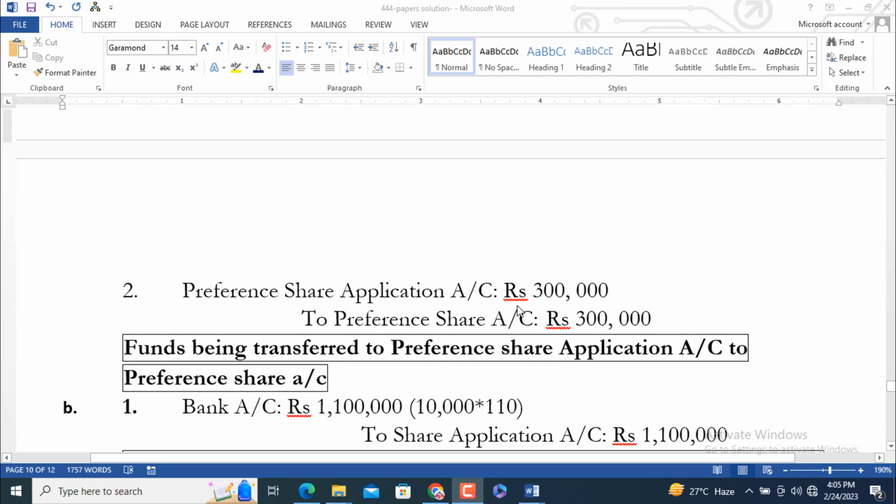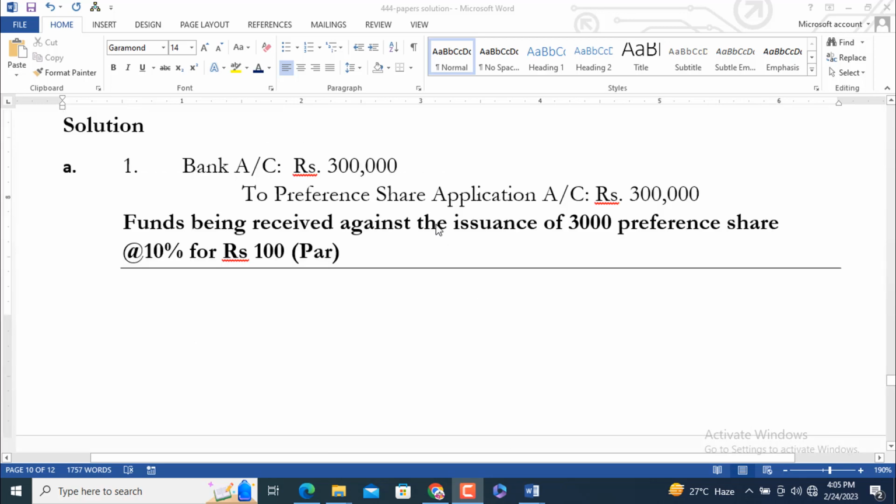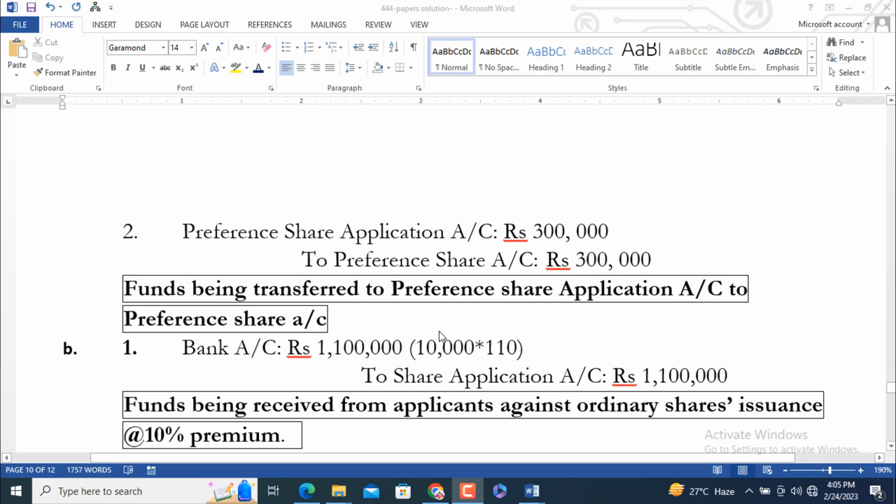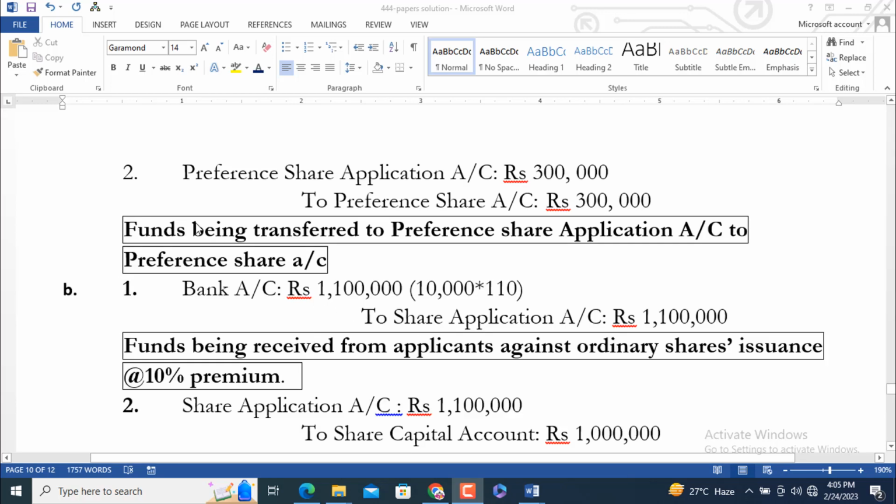So you see here it is on the credit side, and in the second journal entry it is on the debit side, so they will cancel each other, and finally it will become cash account to the preference share capital account. So this is a lesson, you please write it down by yourself.